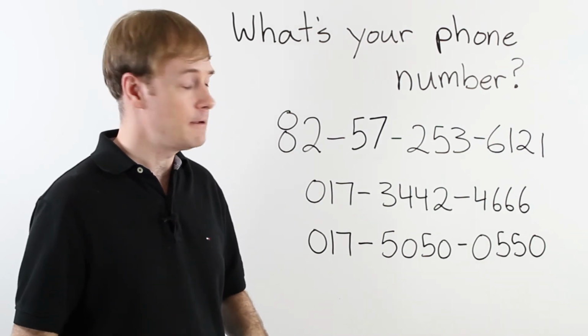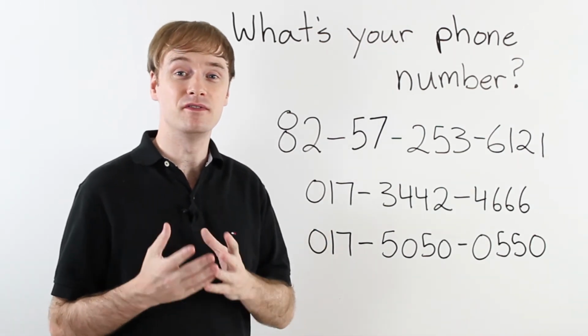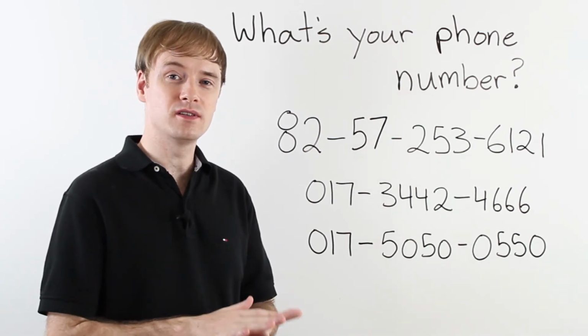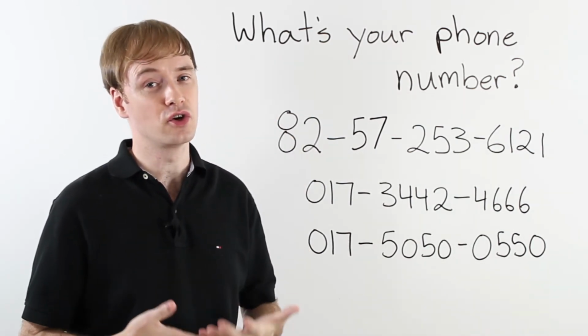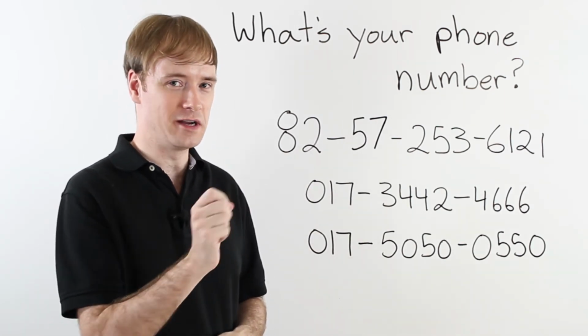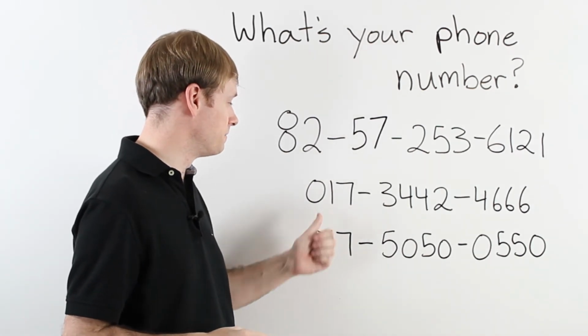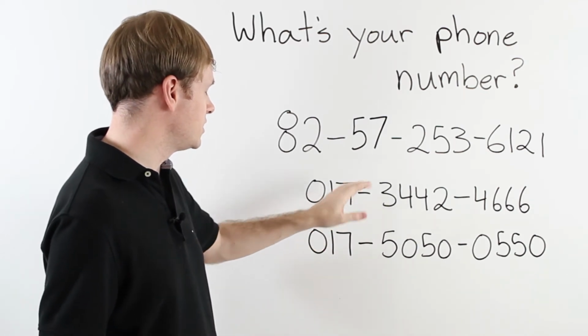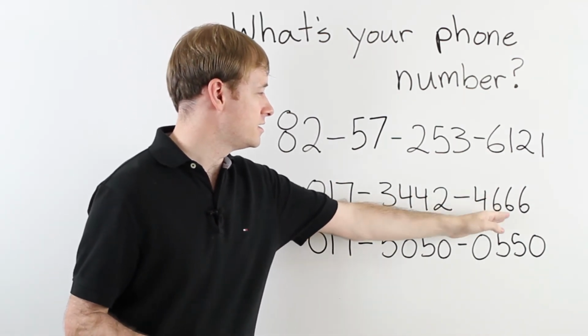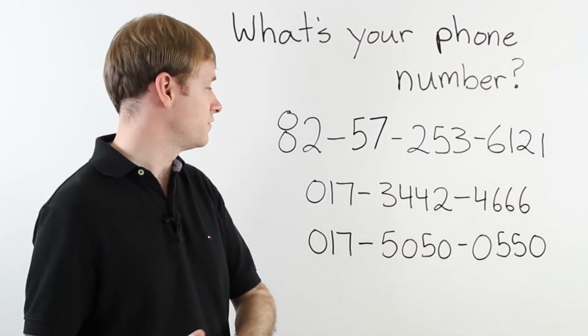Both are okay. And again, you have to be very careful with O because O sounds like 5 in Korean. All right, so if someone says O, don't write down 5, write down 0. Okay, so 017-3442-4666. Okay, that's the phone number.